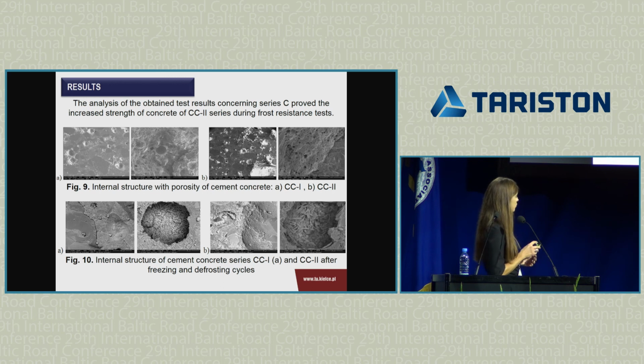On figure 9, we can see the structure with porosity of cement concrete A and B. And here we can see more micro cracks and intensity of carbonization crystals of ettringite for the concrete CC1 after freezing and defrosting cycles. And here we can see the structure of concrete CC2 after defrosting and freezing cycles.